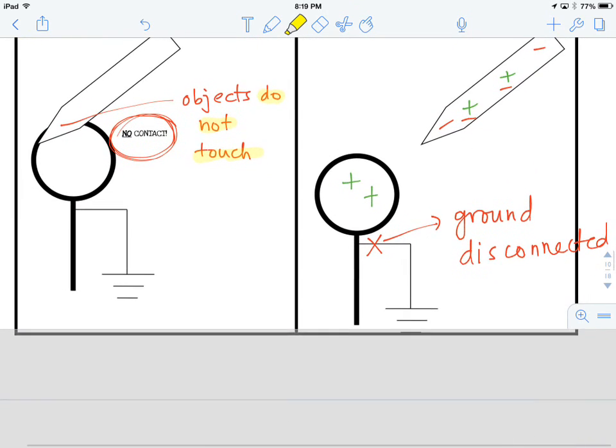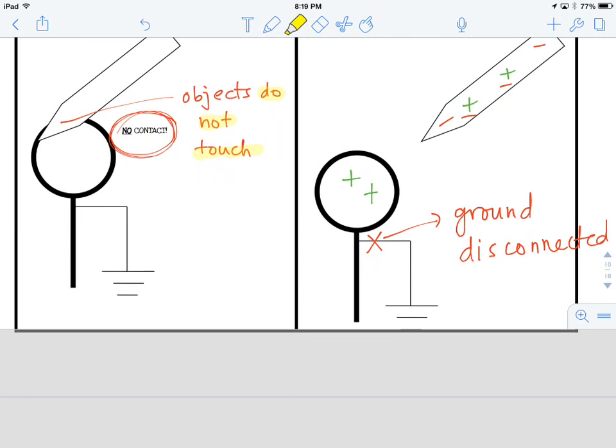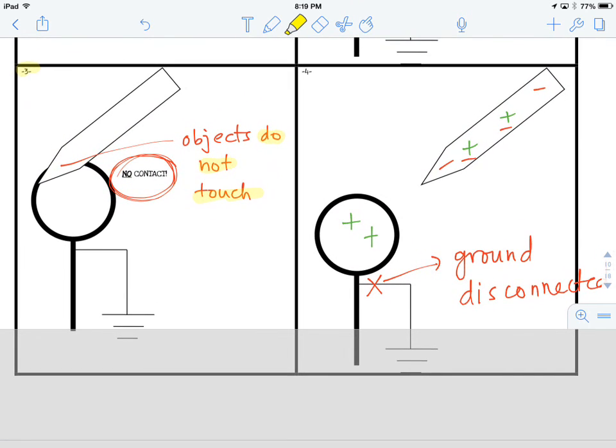Well, then if I disconnect the ground, there's no way for those electrons to come back. And so what ends up happening is that I get an overall positive charge left on the object.